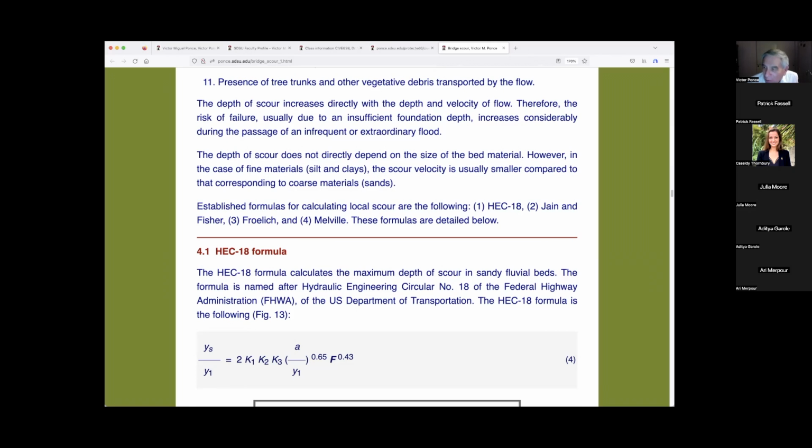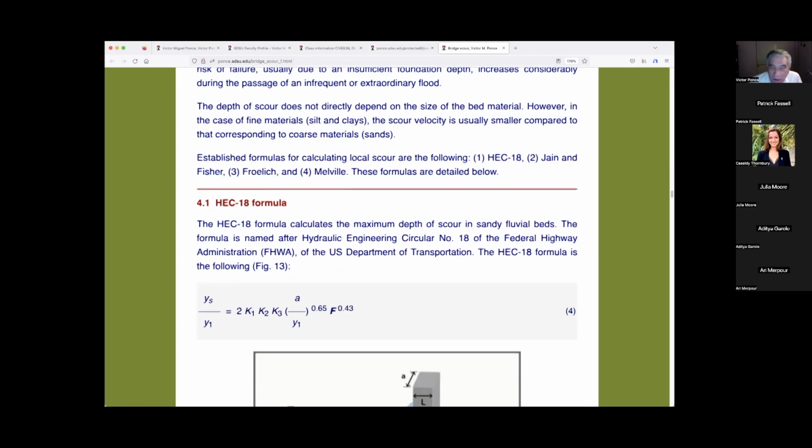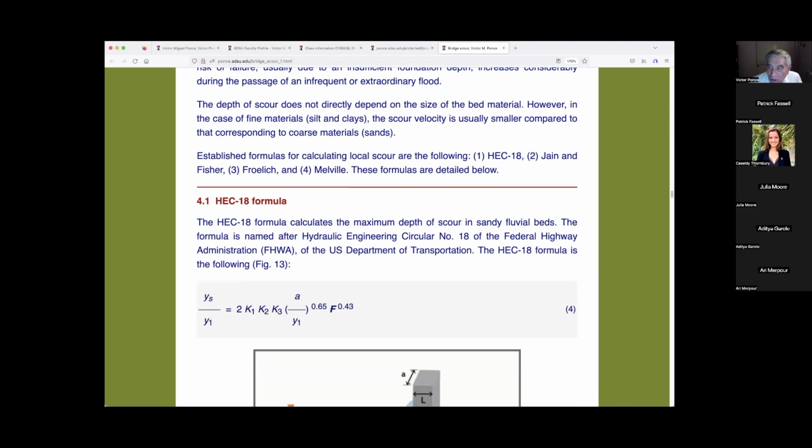That's the Federal Highway Administration, which is an entirely different agency. Federal Highway Administration is a Department of Transportation, where the Army Corps is with the Army Corps of Engineers, the Defense Department of the United States. So they're different, but they have the same kind of name. Their publications and their labs are called the same. HEC 18, HEC RAS. Those are the names that we should know in relation to scour calculations.